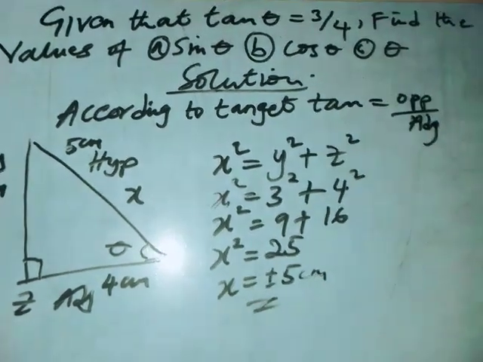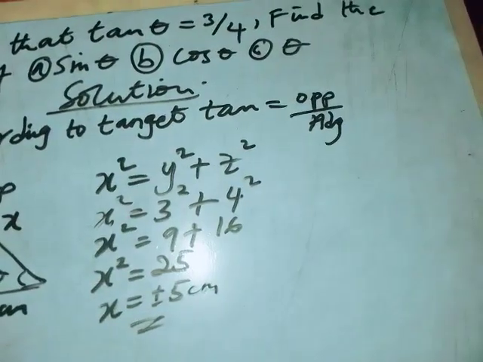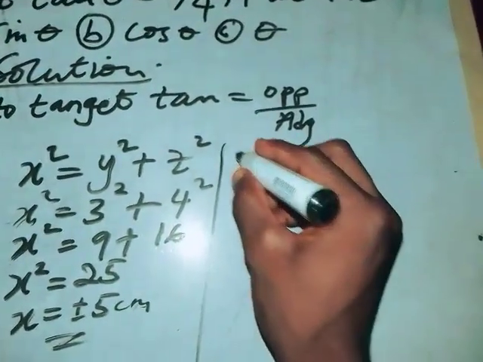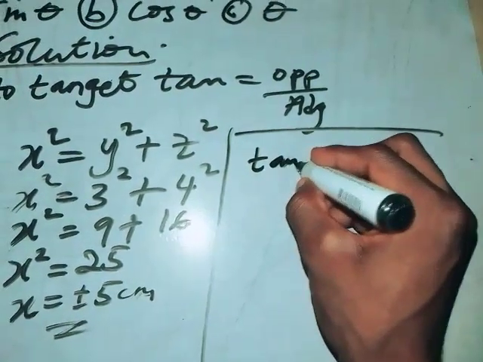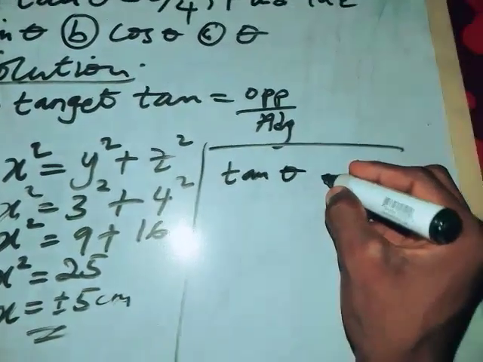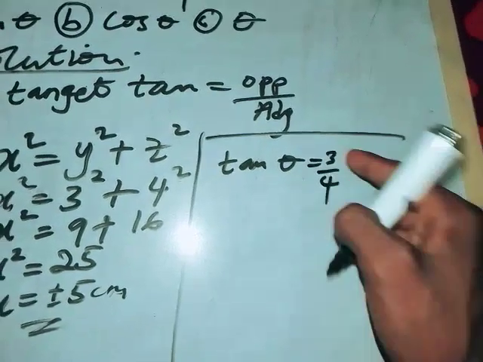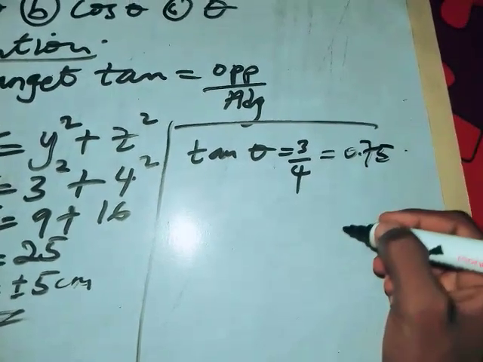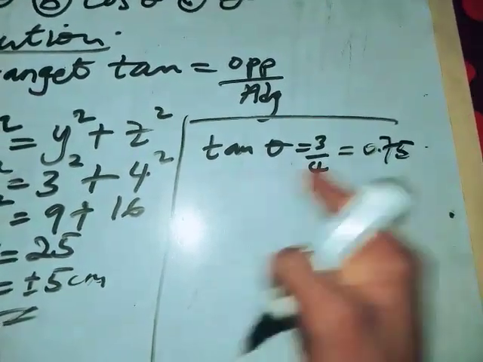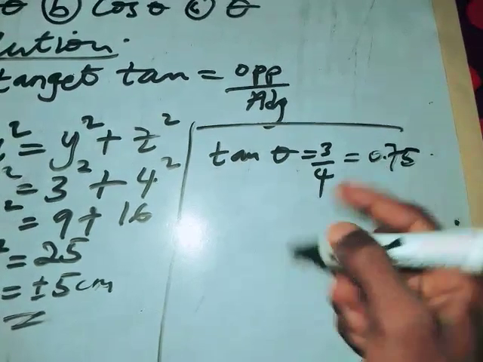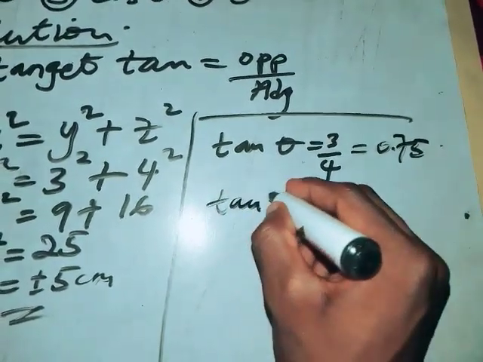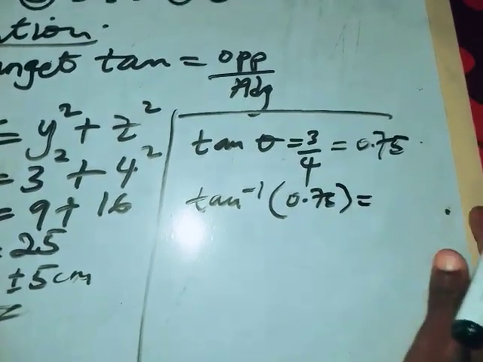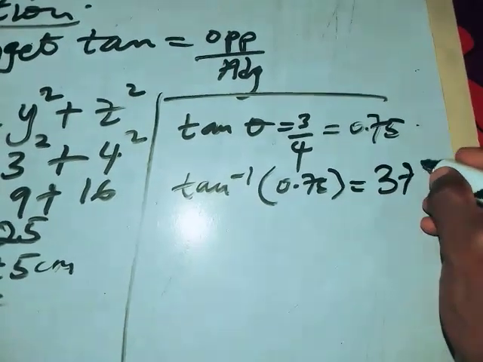To find theta, we know that tan theta was given as 3/4, and if you divide 3 by 4, you are going to have 0.75. To find the angle, you have to take the tan inverse of this. The tan inverse of 0.75 is approximately 37 degrees.